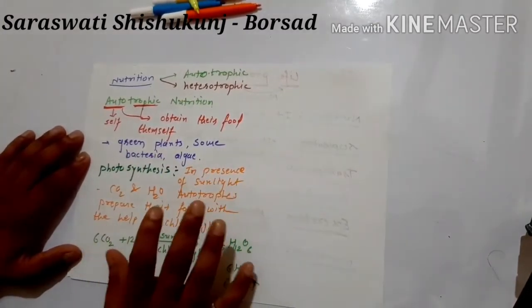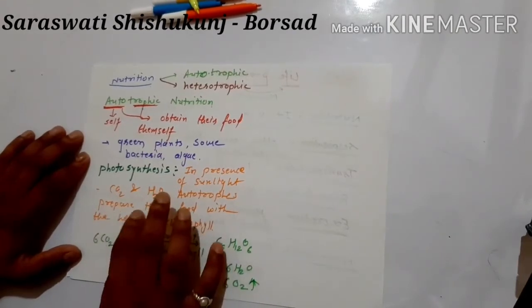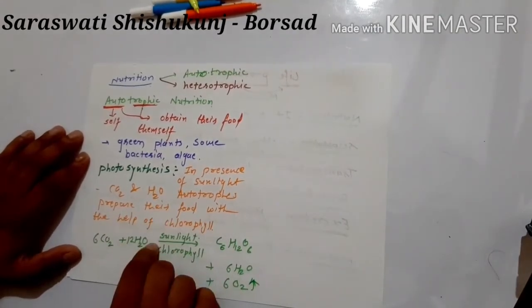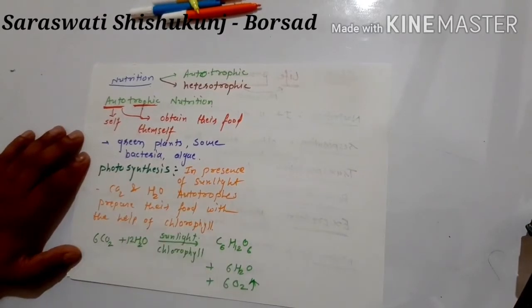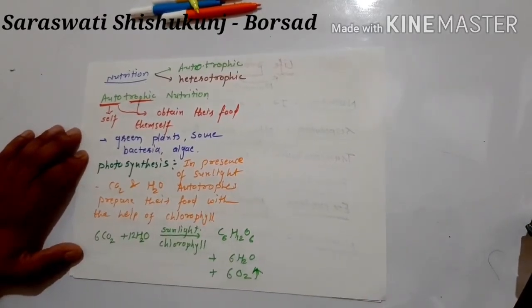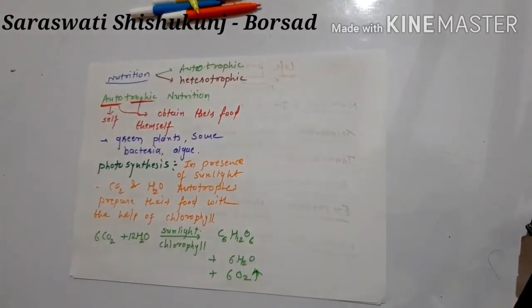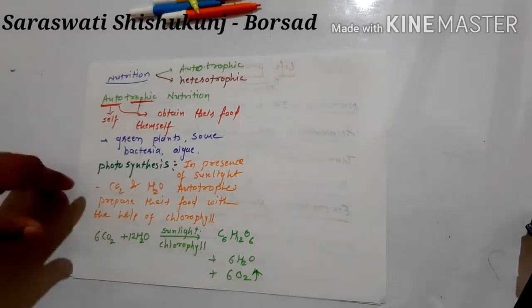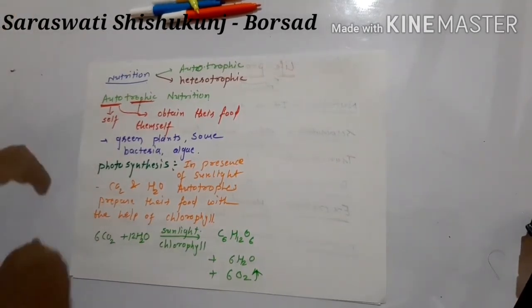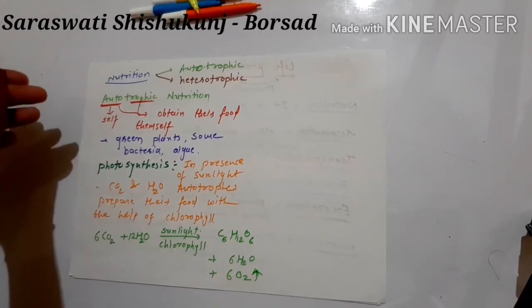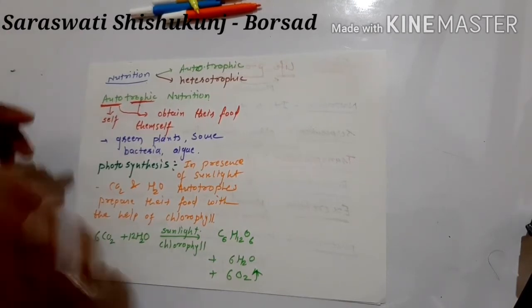In presence of sunlight and using carbon dioxide, water and chlorophyll of the plant, they are able to prepare their food by themselves, right? And here is the reaction of photosynthesis.